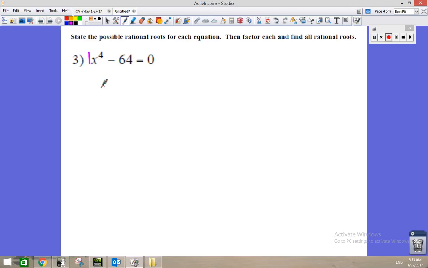So my constant term is negative 64, and I want to look at the factors of negative 64, the integers that divide 64.